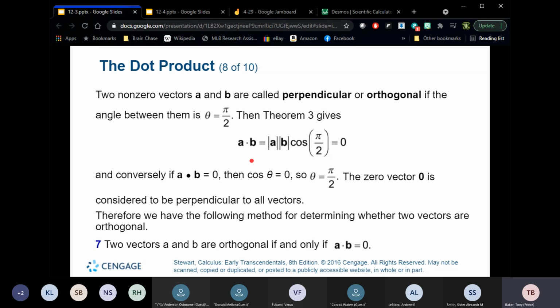They're only orthogonal if the dot product of A and B equals 0. So again, a lot of using the dot product is to look at those angles and the relationship between the two vectors. This is another way we use it, so we can figure out if it's orthogonal or not.